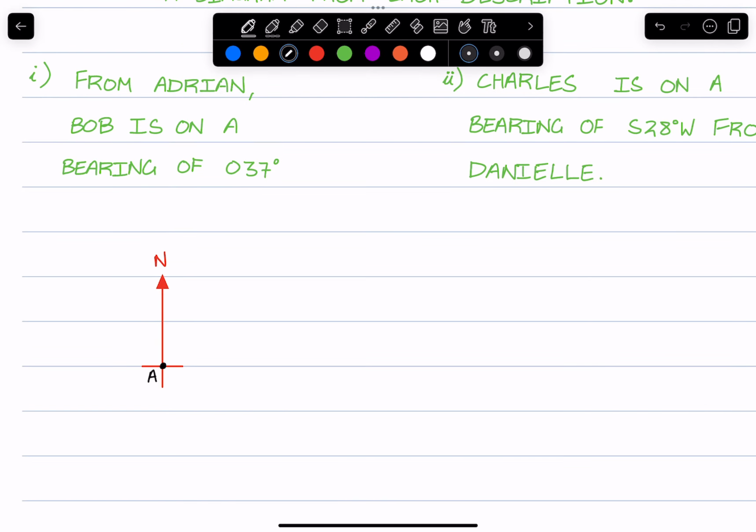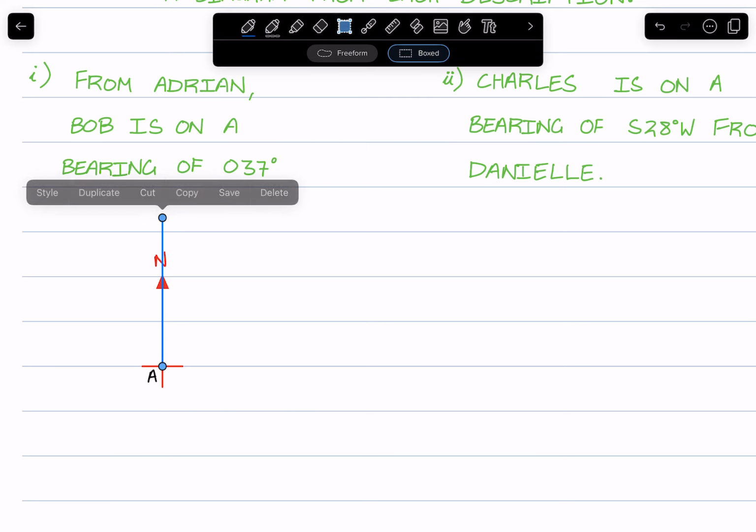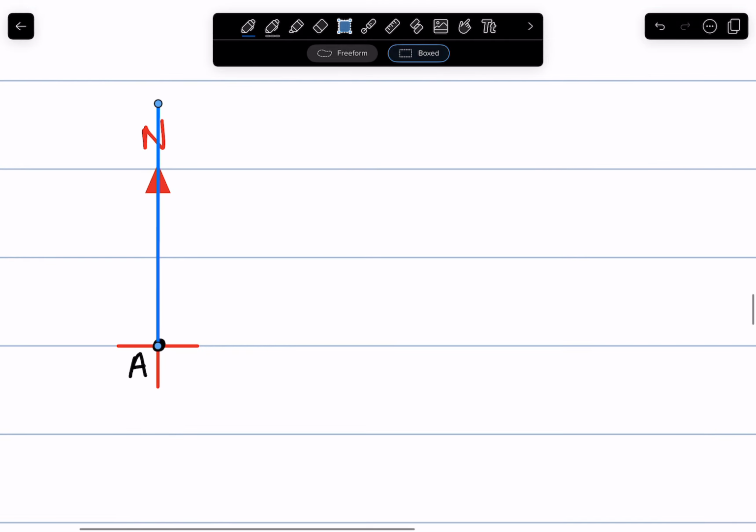So imagining now together, from Adrian, he's facing this way. He's now going to rotate 37 degrees. Since this is a true bearing, we always know to go clockwise, like so. So 37 degrees, it doesn't have to be completely accurate.